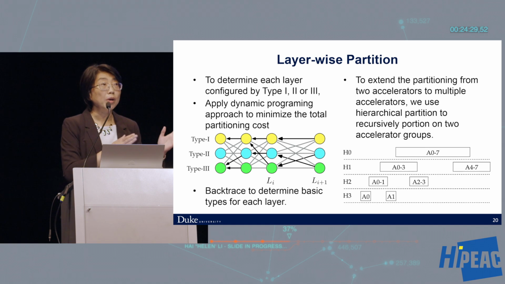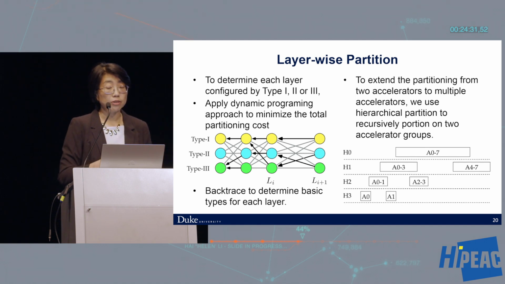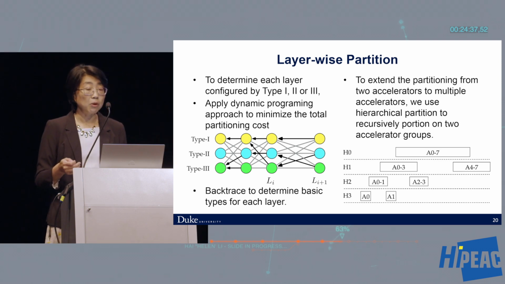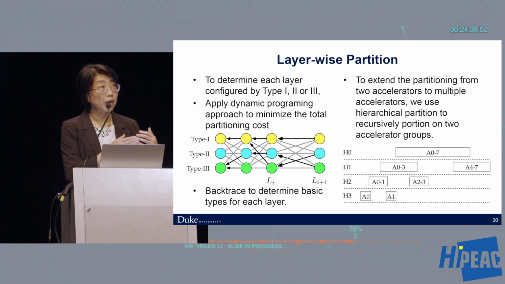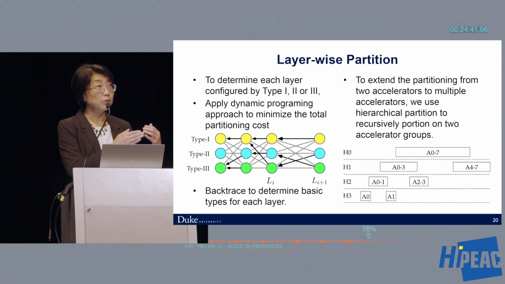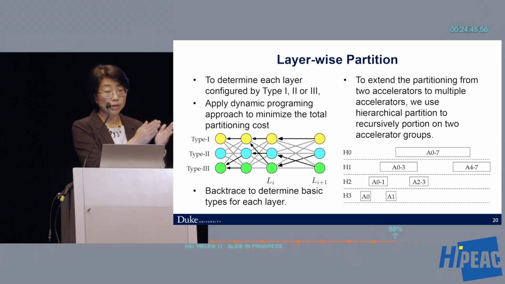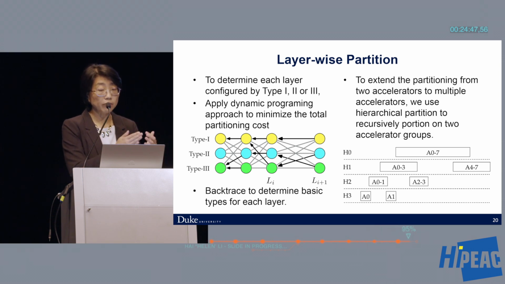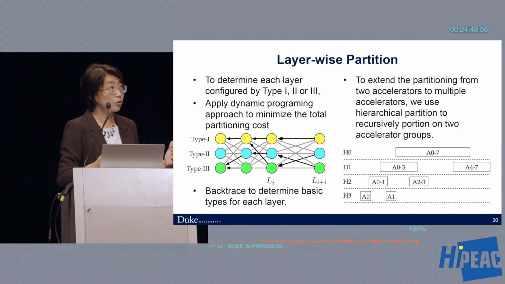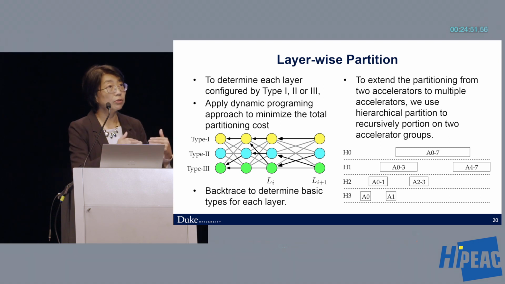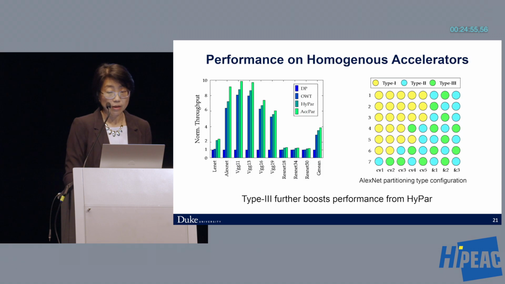Also in our work, we try to extend the partitions from 2 accelerators to many of them, of course. When we do this, we use hierarchical partitions. We start with the first layers and consider all of them, and then we recursively partition onto 2 accelerator groups and so on and so forth, until it reaches each individual accelerator.